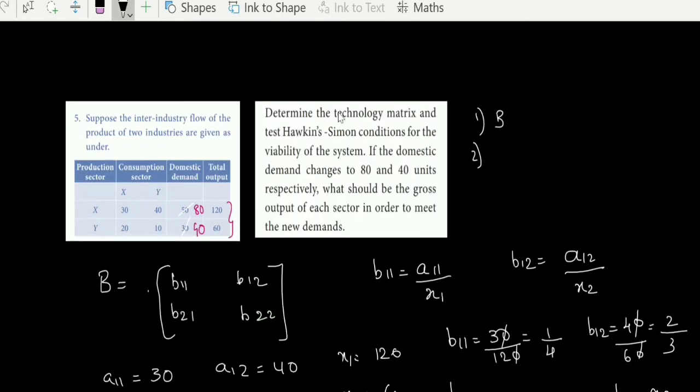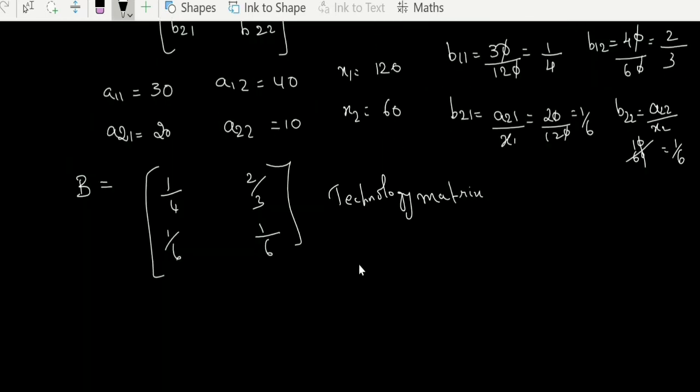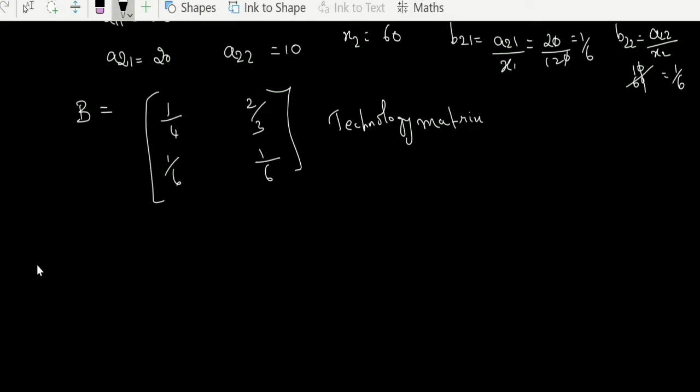What is the next part? You have to test the Hawkins-Simon condition for the viability of the system. So that is the second part of the question. To check the viability of the system, what we should do? We have to find I minus B matrix.